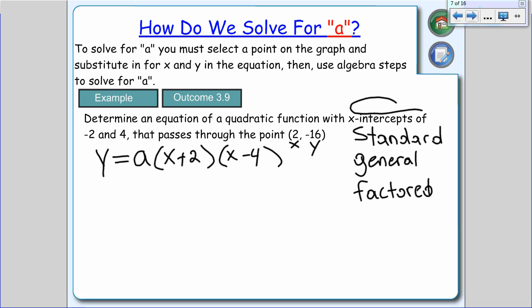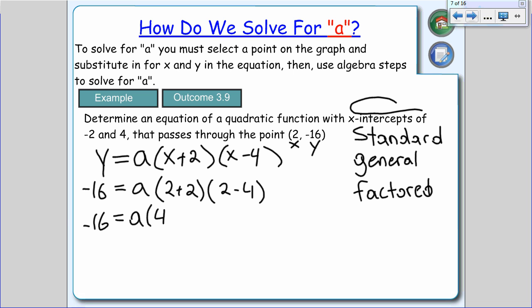So let's try it. x is 2, y is -16. So -16 is equal to a times (2 + 2) times (2 - 4). -16 is equal to a times 4 times -2. -16 is equal to a times -8. a is equal to 2.